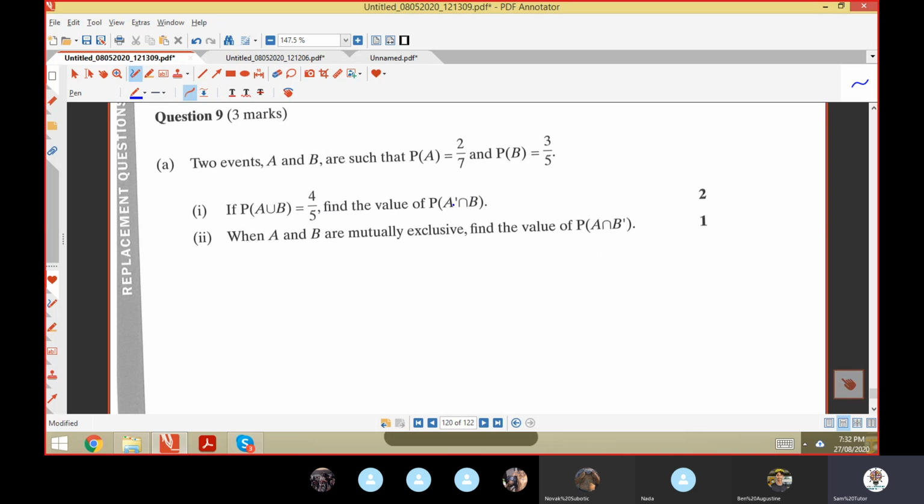Find the value of the probability of not A and B. Not A, but B. Not A and B. The dash means not, so complement.